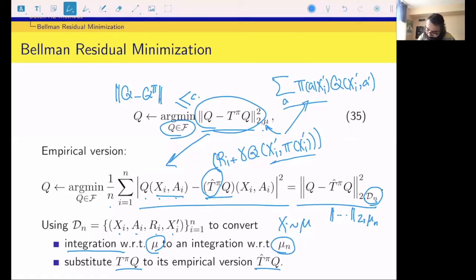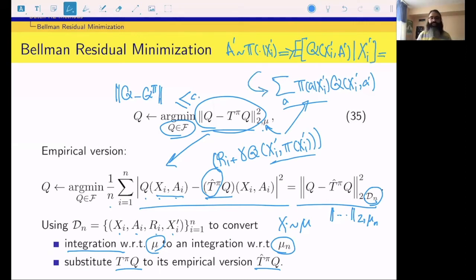So even if you have an action, we call it a prime, that is coming from this distribution at xi prime, then if you write your Q at xi prime and a prime, and take the expectation of it conditioned on xi prime, that would be exactly this summation, or integral if it is an integral. So you can have a single-sample unbiased estimate of that quantity.